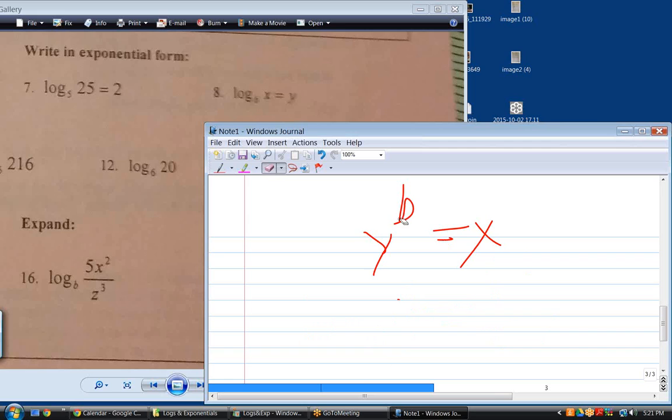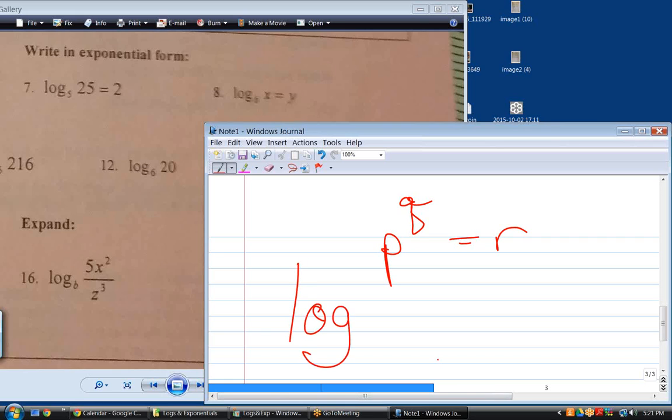So there was one where I didn't put b as the base, and you're never going to see that, but at least you were able to handle it. The important thing is that no matter what letters I use, in other words, I could say p to the q equals r. What's the logarithmic expression of that?